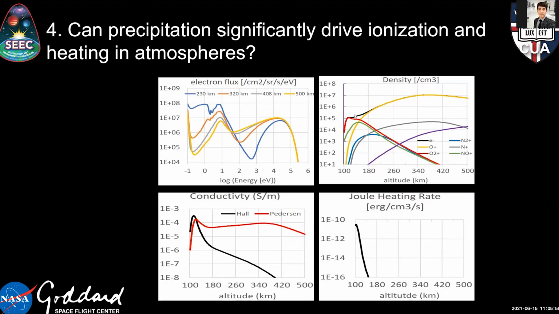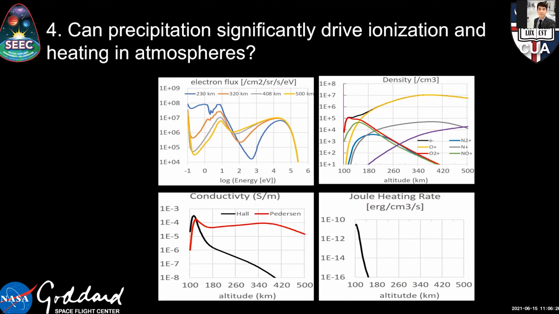Electron density is the black curve, oxygen ion density is the yellow curve, and molecular oxygen ion is the red curve. This is very significantly high density compared to the Earth atmosphere, and this in turn increases the Pedersen and Hall conductivity. On the bottom left is the horizontal ionospheric conductivity.